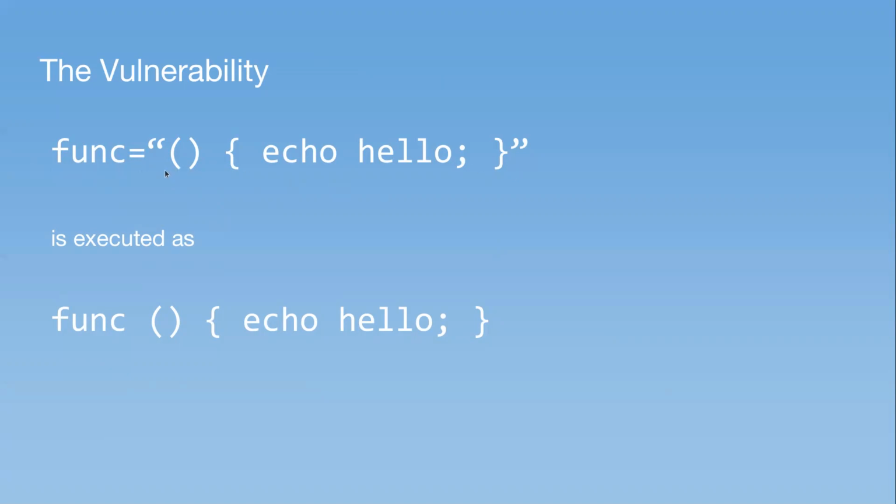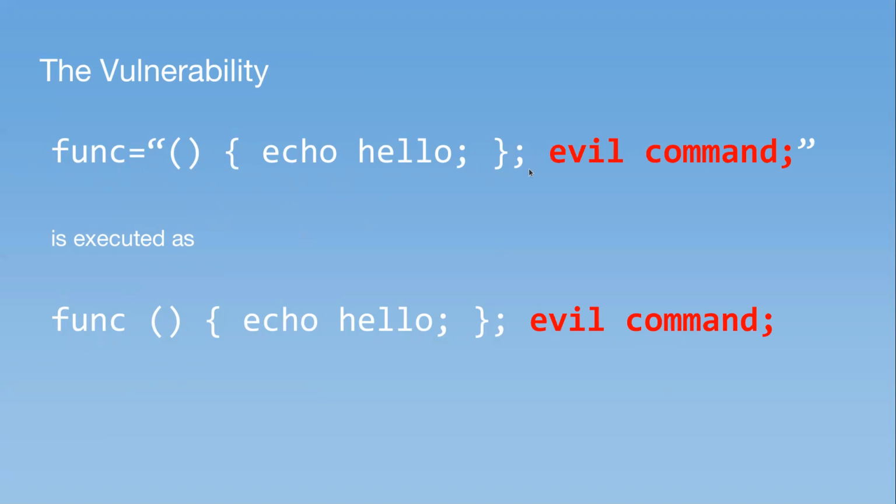And so if we can define a variable like this, and the child bash process will execute this, what is stopping us from inserting an evil command after the function definition? Because won't that evil command also get executed? And it turns out that the answer is yes, bash doesn't do any kind of checks, it just executes everything.